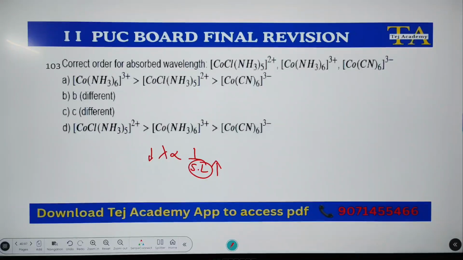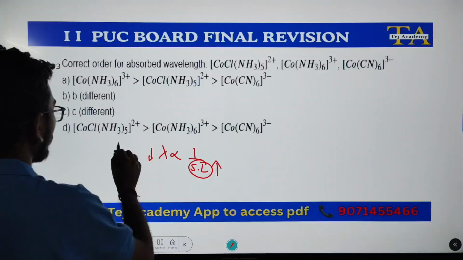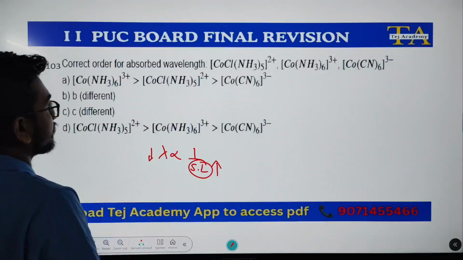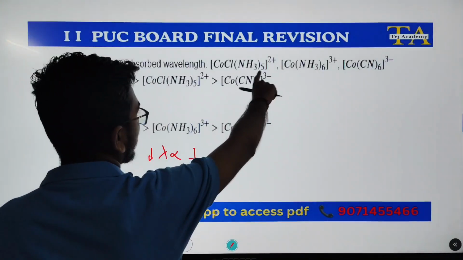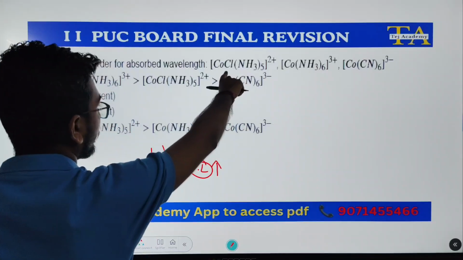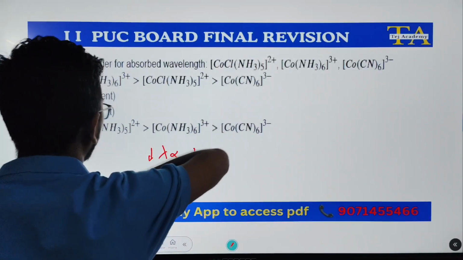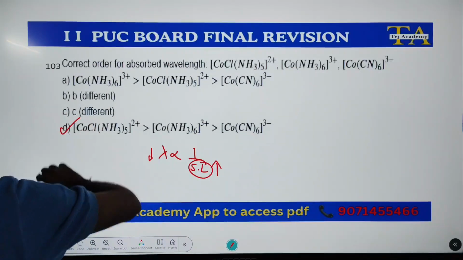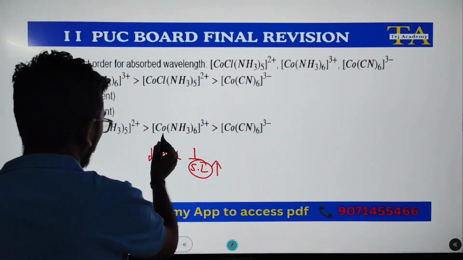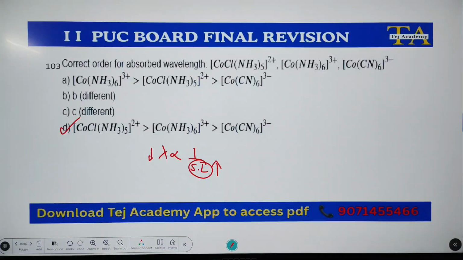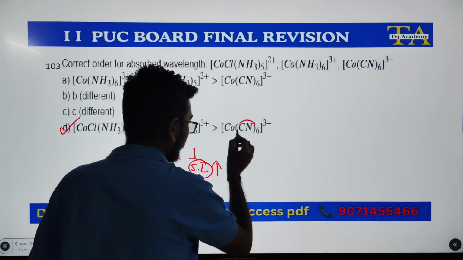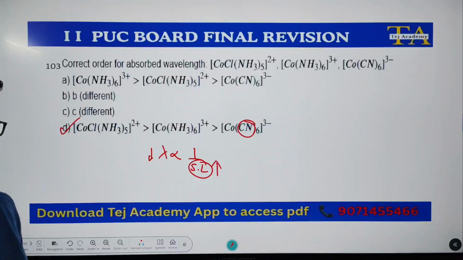103. See here, A and D we have. But between these two, we have to choose now. Again, ammonia 3 times is there. Here chlorine is also there, a weak ligand compared to ammonia. So CoCl will come first, then cobalt with ammonia 6 times, then remaining, cobalt hexacyanide.